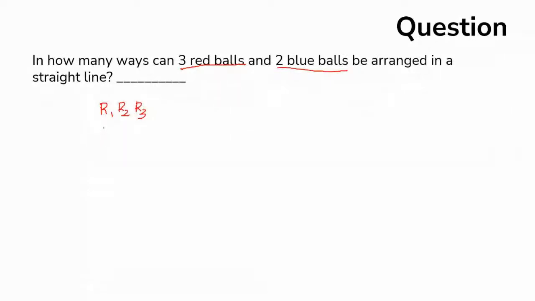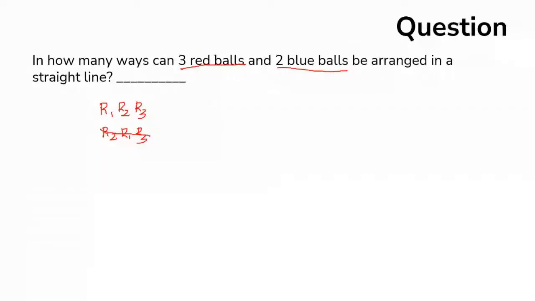Even if I arrange it as red ball two, red ball one, and red ball three, the arrangement is going to be different. But when I see it from outside, all three are the same red color, and no one can find that. But they have asked only for the number of different arrangements. So in such a case, this second arrangement is a repeated arrangement, so it has to be cancelled.